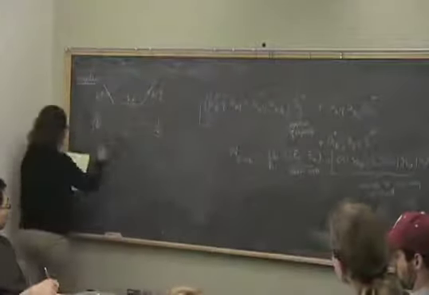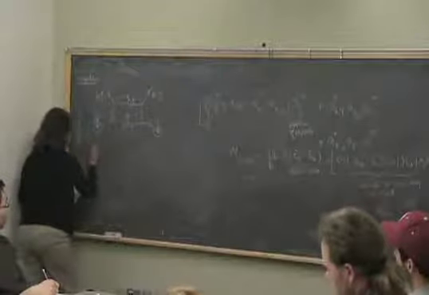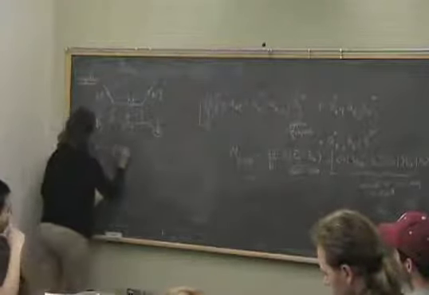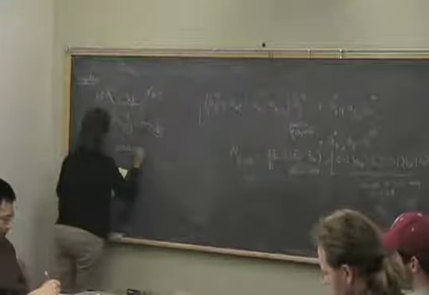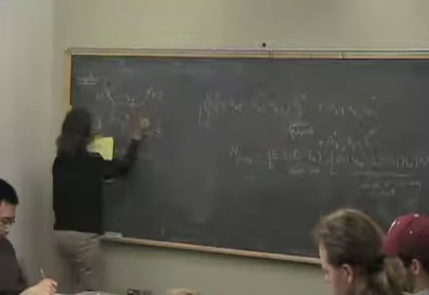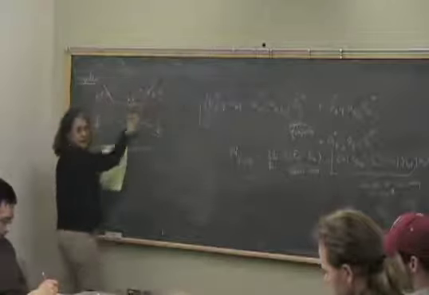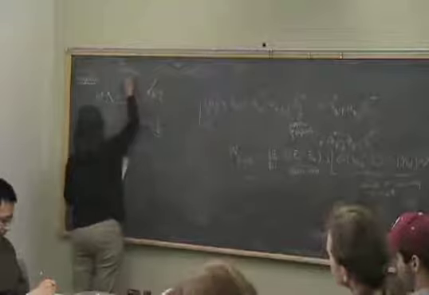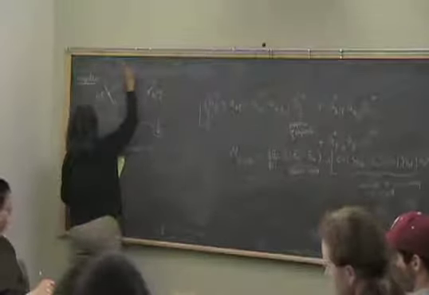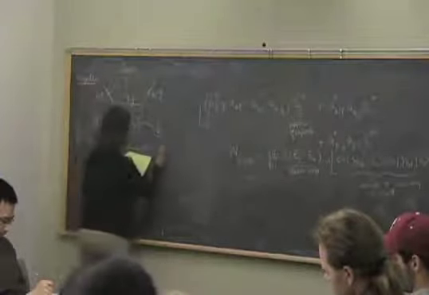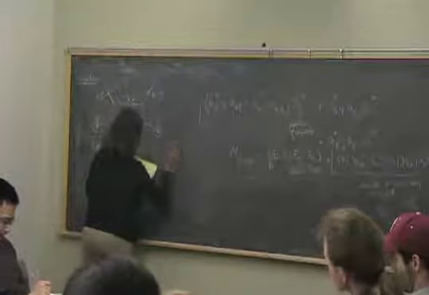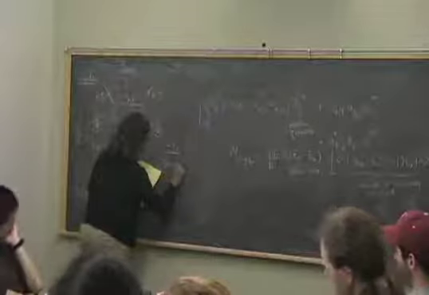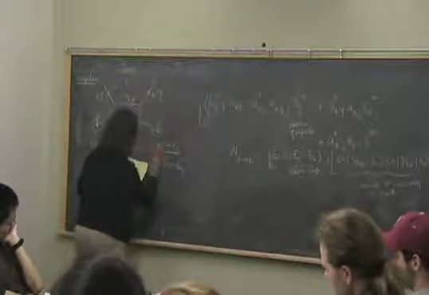So a term like this has a contribution. There are many pieces, this has to be occupied, this has to be occupied, but basically Q must be unoccupied. This must be some unoccupied state. So it should go like 1 minus f of Q over Ek minus Eq, summed over all Q.